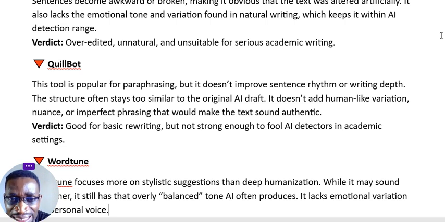The structure often stays too similar to the original AI draft, which is true. It doesn't add human-like variation, nuance, or imperfect phrases that will make the text sound authentic. Verdict: good for basic rewriting, but not strong enough to fool AI detectors in academic settings.